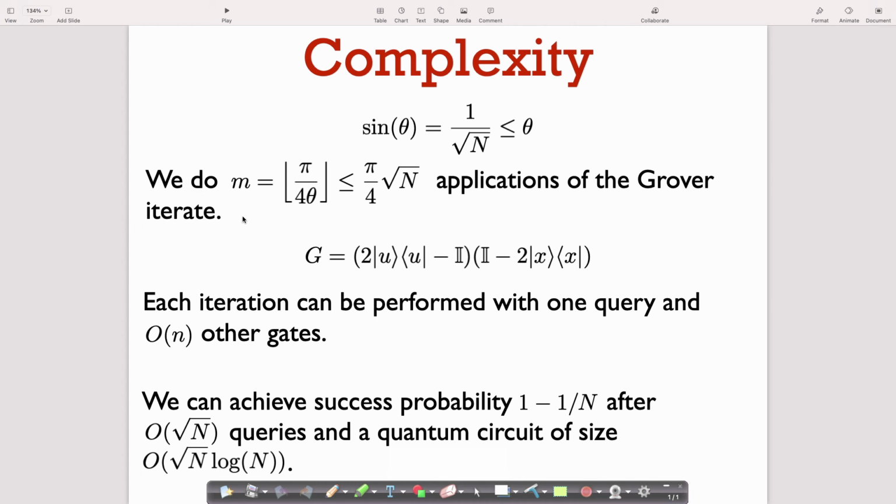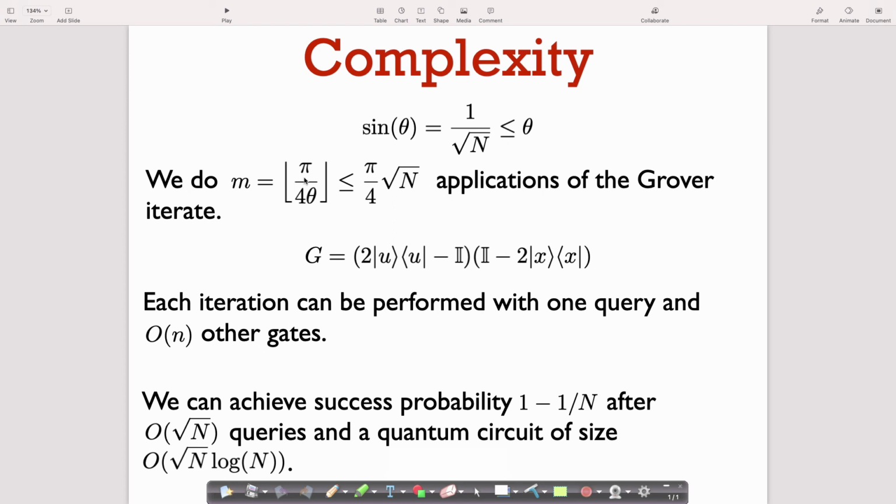Okay, and how can we bound this number m? So we know that the sine of theta is equal to 1 divided by square root of n. That just comes from the definition of theta. And we also know that the sine of theta is less than or equal to theta. The Taylor series goes like sine of theta is approximately theta minus theta cubed over 3 factorial. So sine of theta is going to be less than theta.